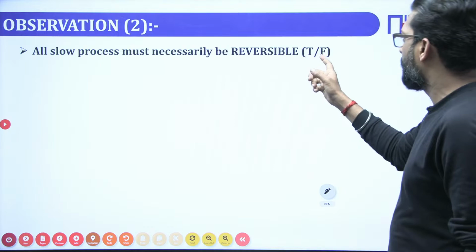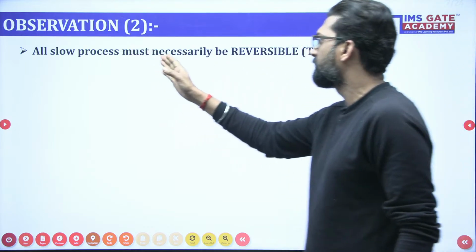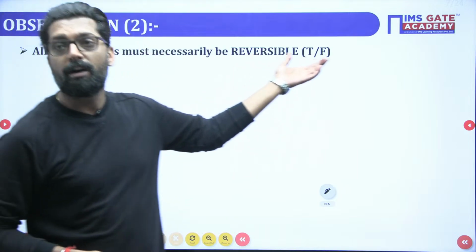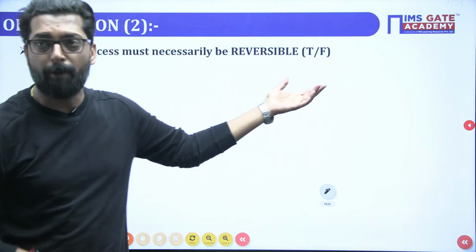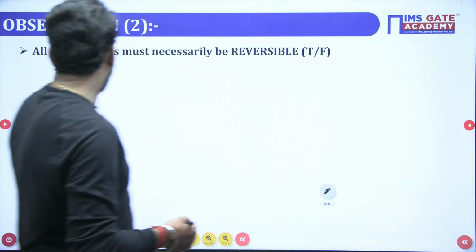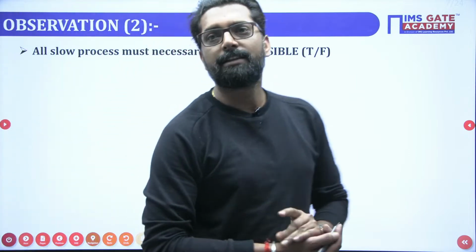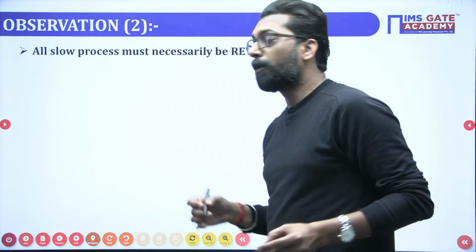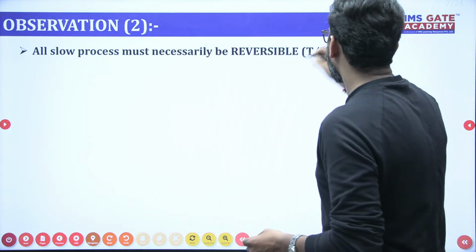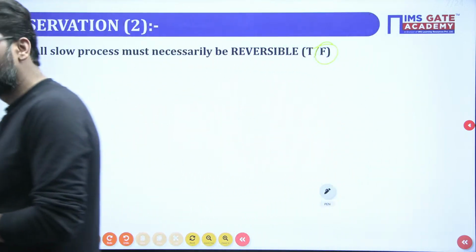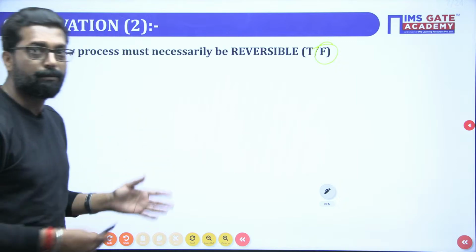Also, all slow processes must necessarily be reversible processes: is this true or false? Anyone please reply in the comment box. We also prove that it is false. It is a false statement. What is the conclusion of this one?